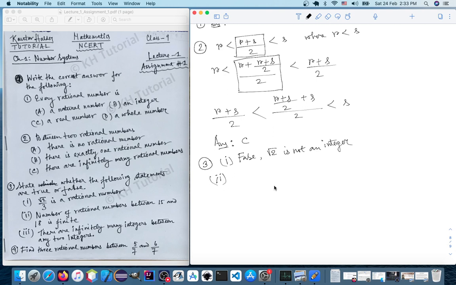Statement 2: The number of rational numbers between 15 and 18 is finite. By finite, it means a fixed number of rational numbers, not an unlimited number. A fixed number, maybe 10, 5, 20, 100, like that. And it is false. Why?